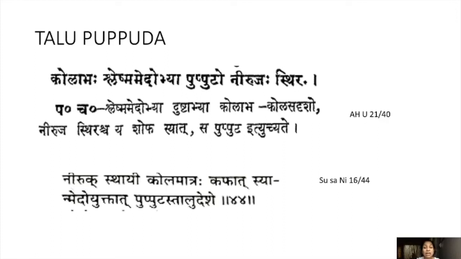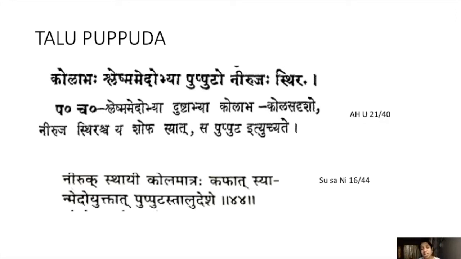Niruk, stai, kola matraha kafad syat medo yuktan puppudas talu deshe. So there will be a swelling. Niruk, without any pain. Stai, it is in one place, it won't move. Kola matram, the size resembles the seed of Lenda, and it is caused by kapha and Medas. That disease is known as Talu Puppuda.